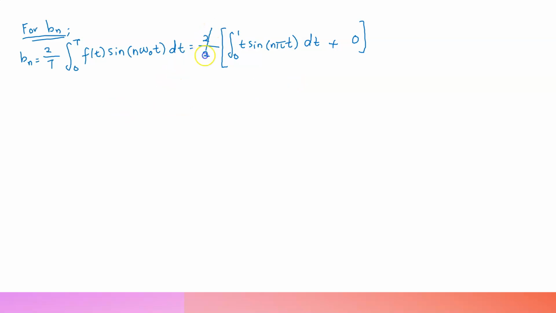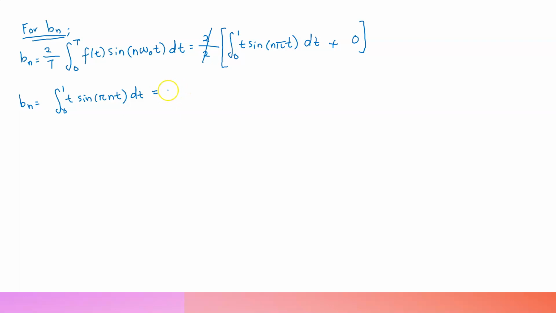And this one you cancel out, so you are left with integration from 0 to 1 t sine n pi t dt.